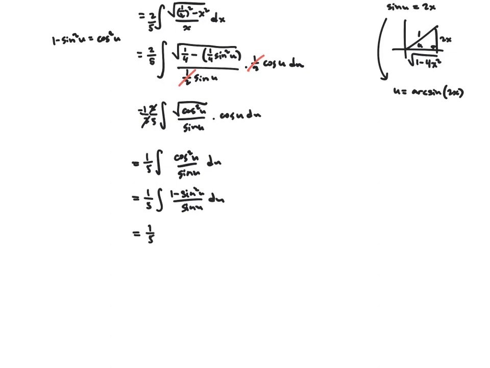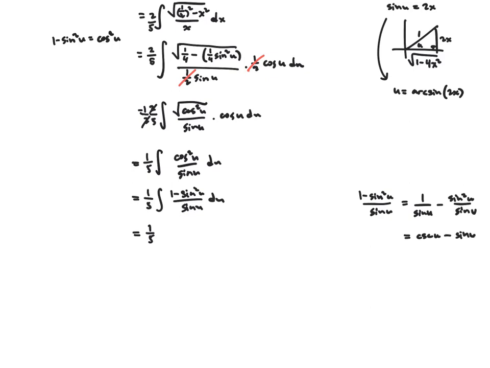So if I were to rewrite 1 minus sine squared over sine as 1 over sine minus sine squared over sine, what I get is cosecant u, which we integrated secant u earlier. We're going to integrate cosecant u here in a minute.